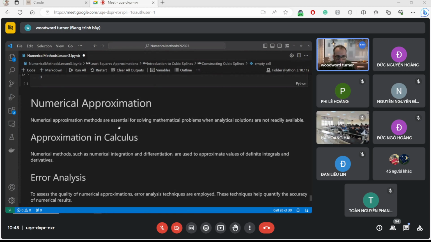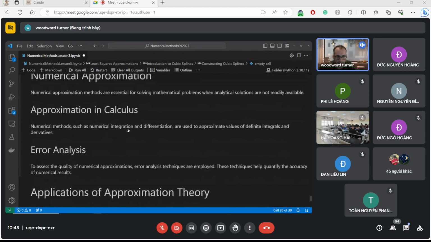Another thing we'll look at to extend this approximation theory is approximations in calculus. So today we mostly talked about approximating functions and approximating continuous functions, but we also might want to approximate derivatives and indefinite integrals.